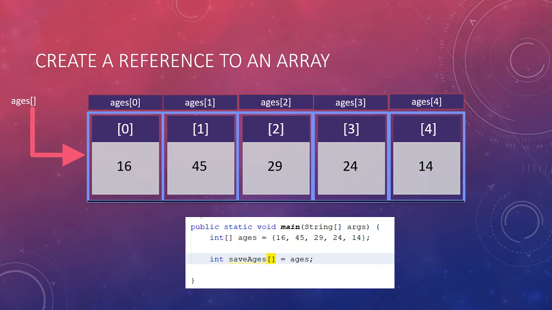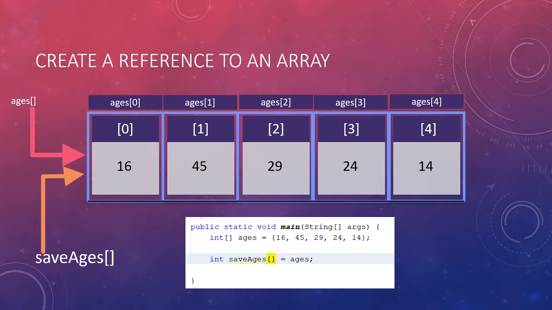Now, what if we perform some code like this, where we set up another integer array called saveAges, and we set it equal to, or assign it the value of, our ages array? Well, we'll create a saveAges variable, and that variable's reference will point to the same memory. So we've basically created a new reference to the same array in memory.